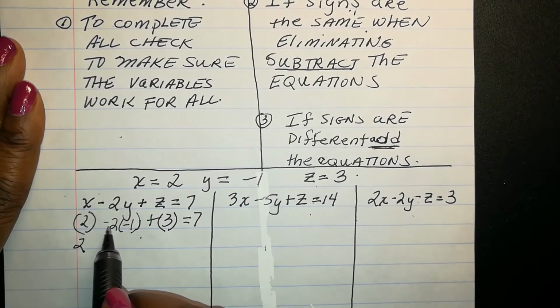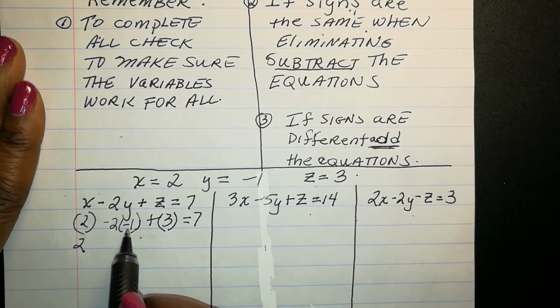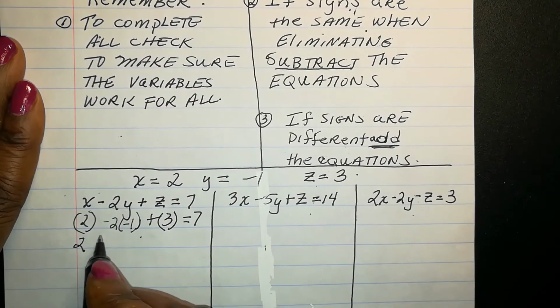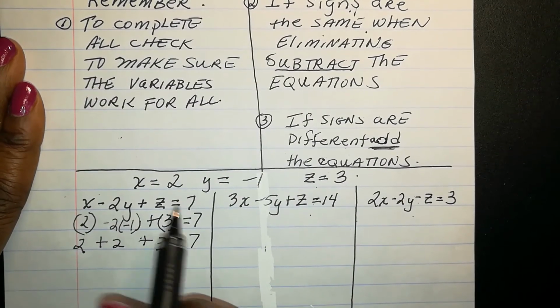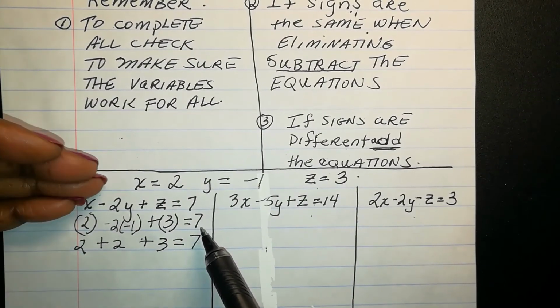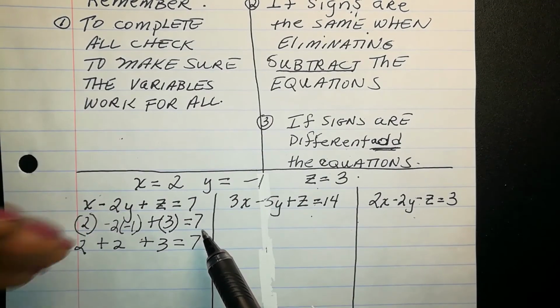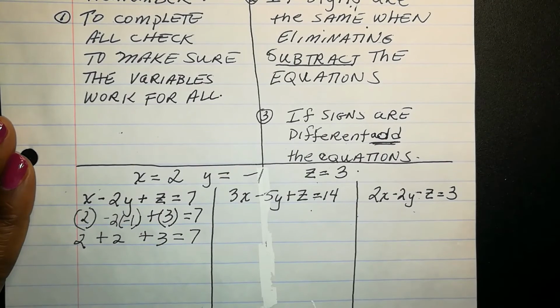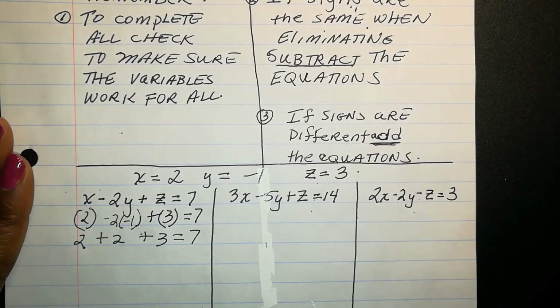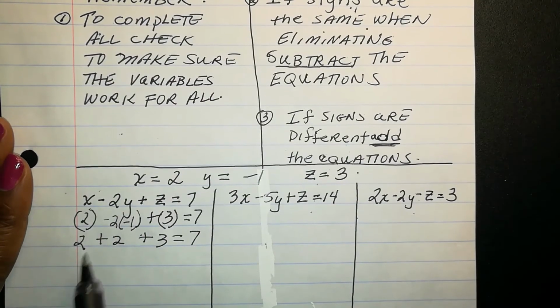This is a negative 2 and a -1, so that gives me a +2 plus 3 equals 7. I want you to notice that when I'm doing the check, I write my original and then I substitute in. You should be doing the same thing at all times. Never take shortcuts. Shortcuts lead to wrong answers and wrong results. So just do the whole thing so you can see it.